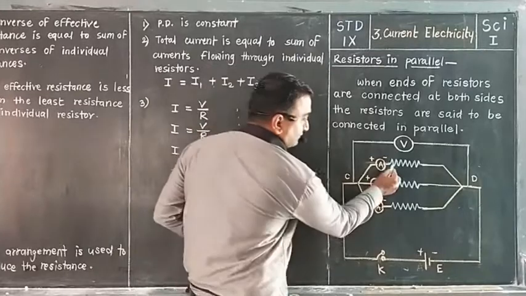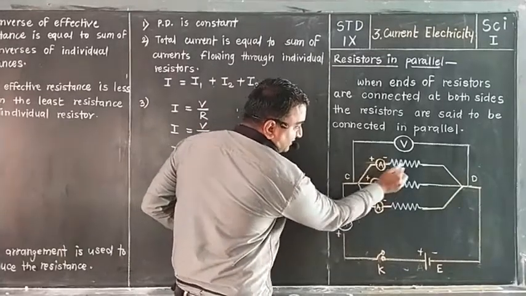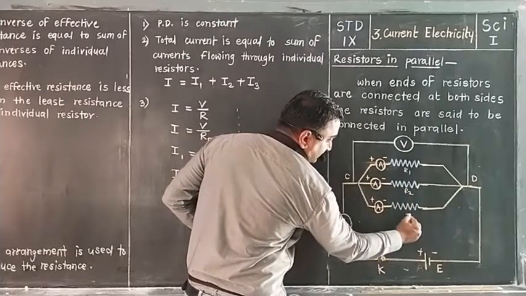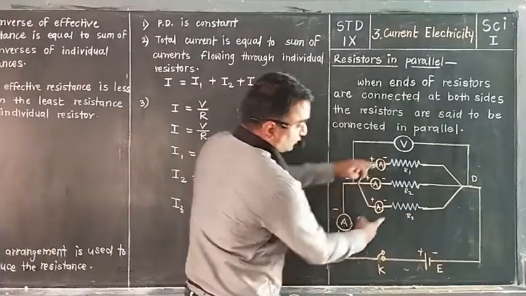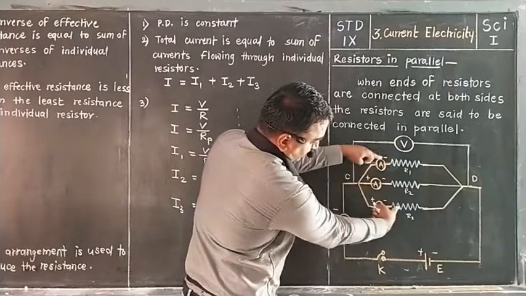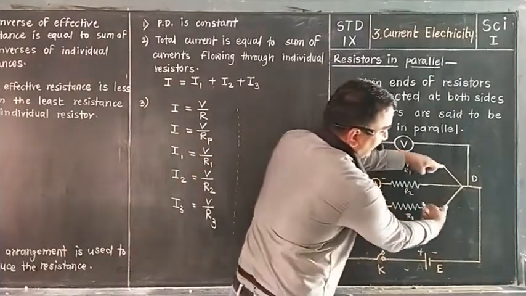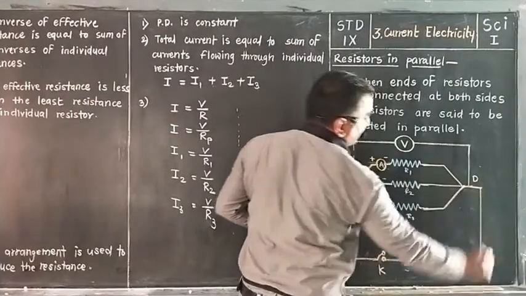See here, this is R1, this one is R2, and this one is R3. One end is connected at one point, and the second end is also connected at the same point.